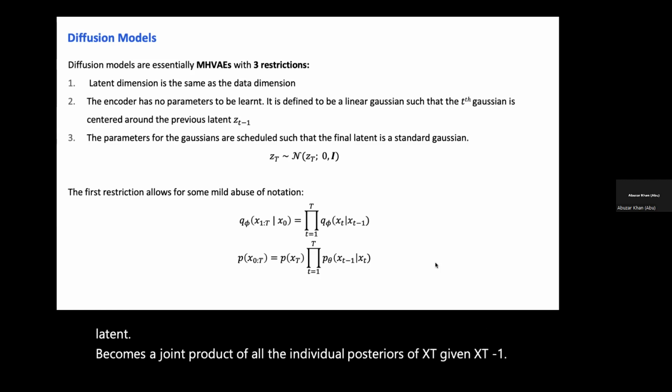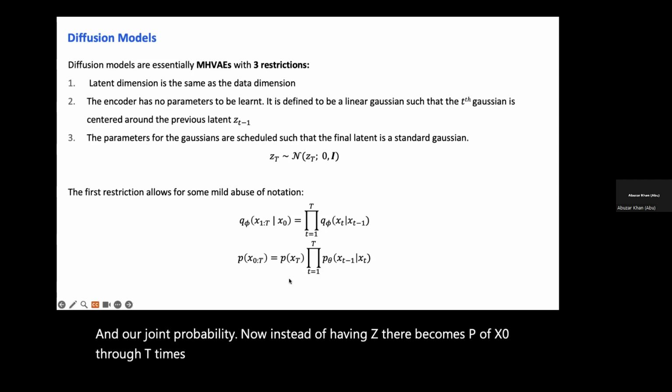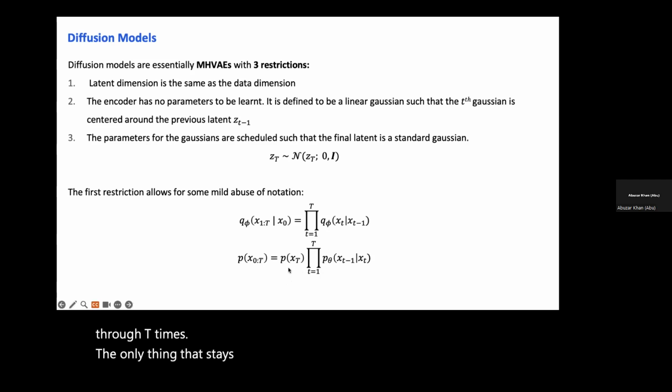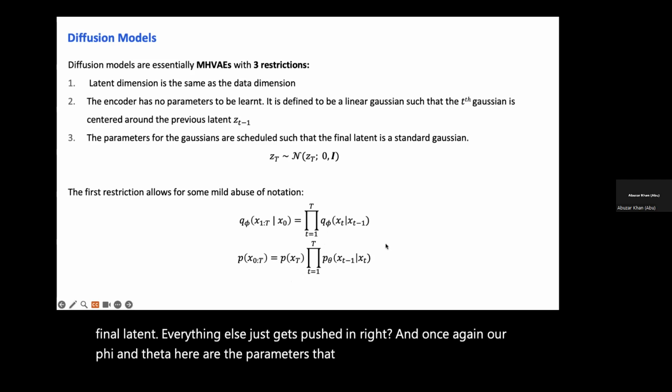And our joint probability, now instead of having z, becomes p of x0 through xT, where the only thing that stays out of the product is our initial prior on the final latent, right? And once again, our phi and theta here are the parameters that we were initially learning in our VAE.